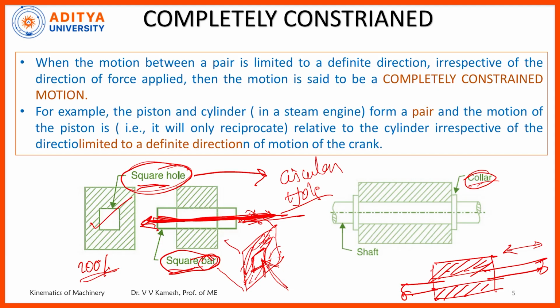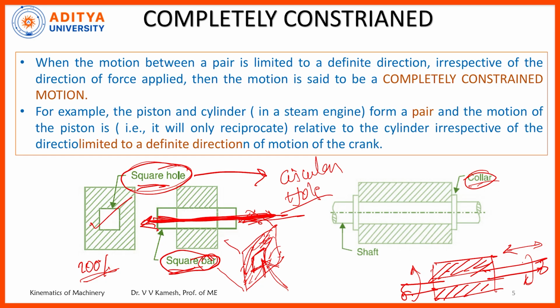Have you seen or not? Right? So this is the rotation I can have, this is the linear translation I can have. So it is having two possibilities, right? So it can rotate either in clockwise or anti-clockwise direction, and it can have a translation from one end to other end, right?